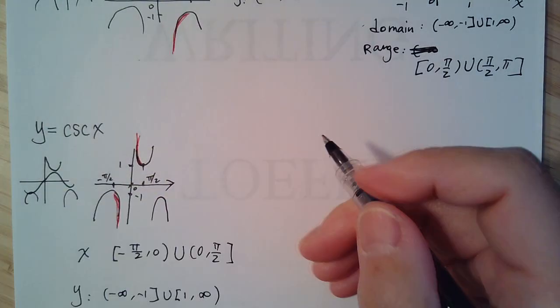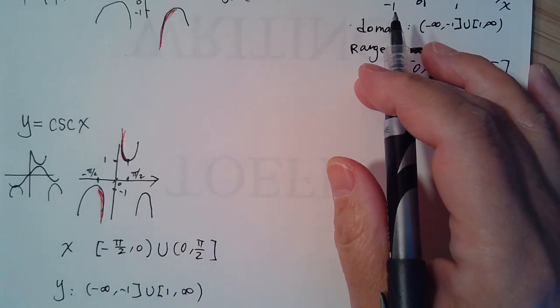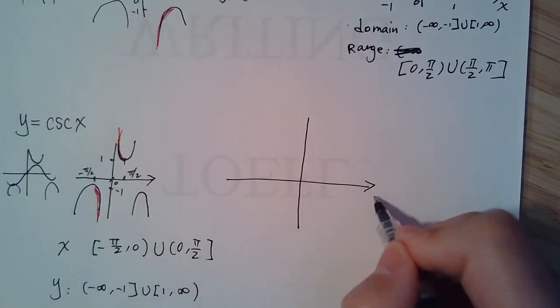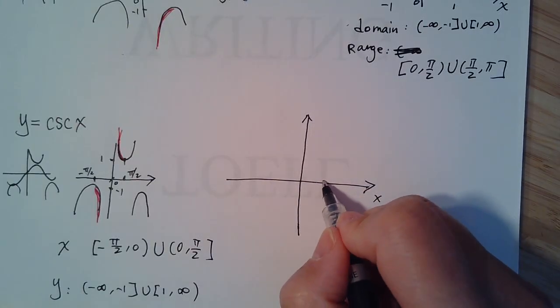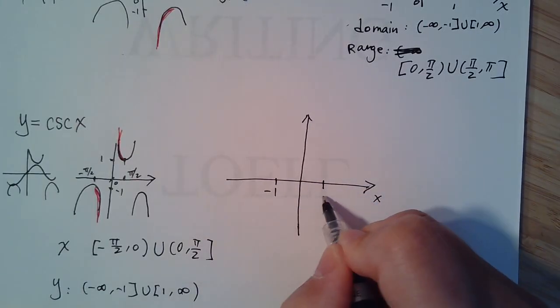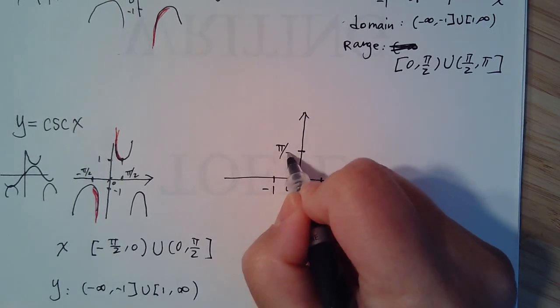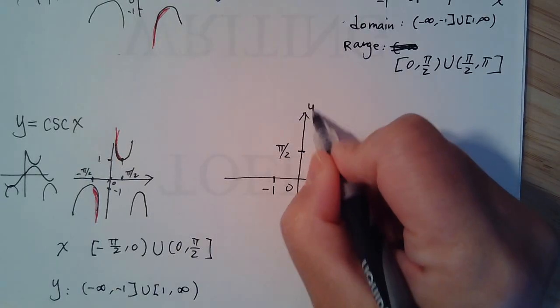So when I flip, it is hard to see, huh? But when you flip that, x, y, instead of that, I have a 1, negative 1, 0, and I have a pi over 2, and here's a negative pi over 2, here is y.